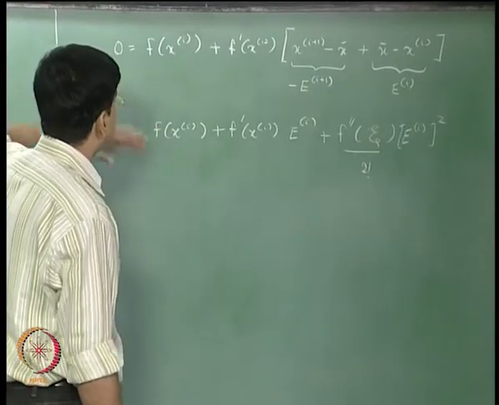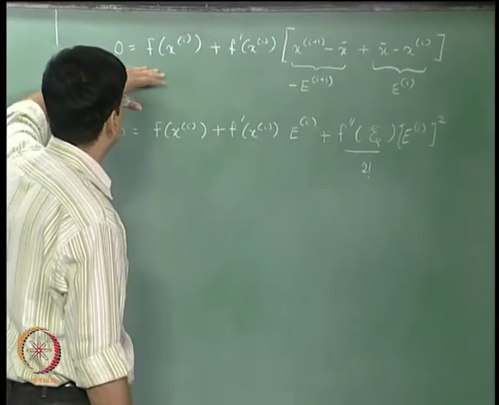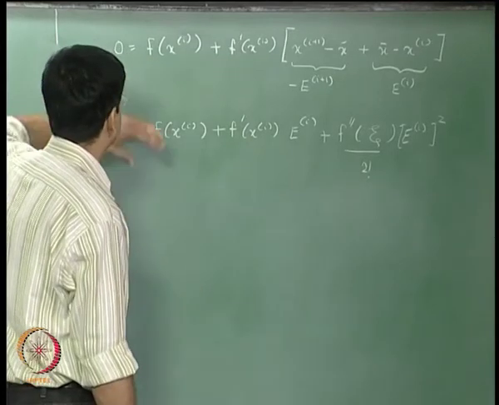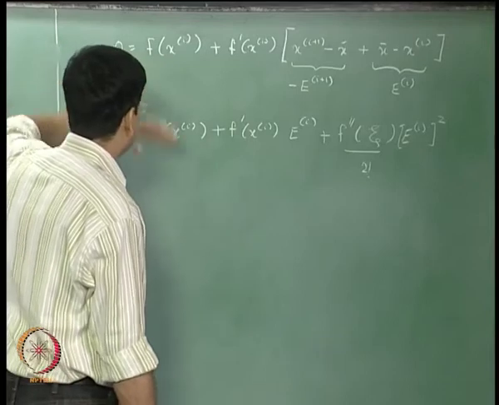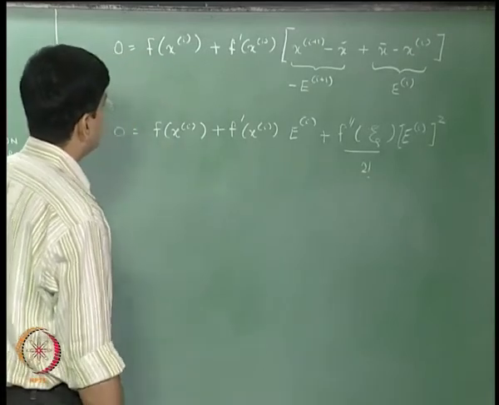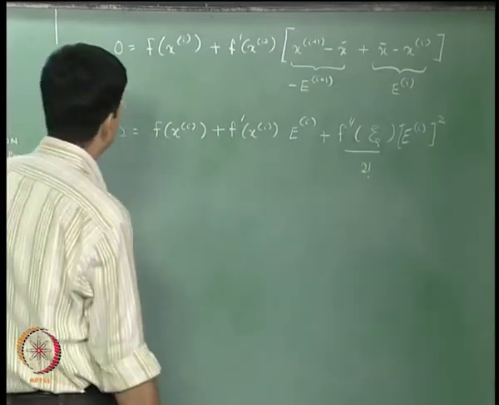Okay, so these are the two expressions. The first one we get by manipulating the Newton-Raphson's method. The second one we have got from the Taylor series expansion.